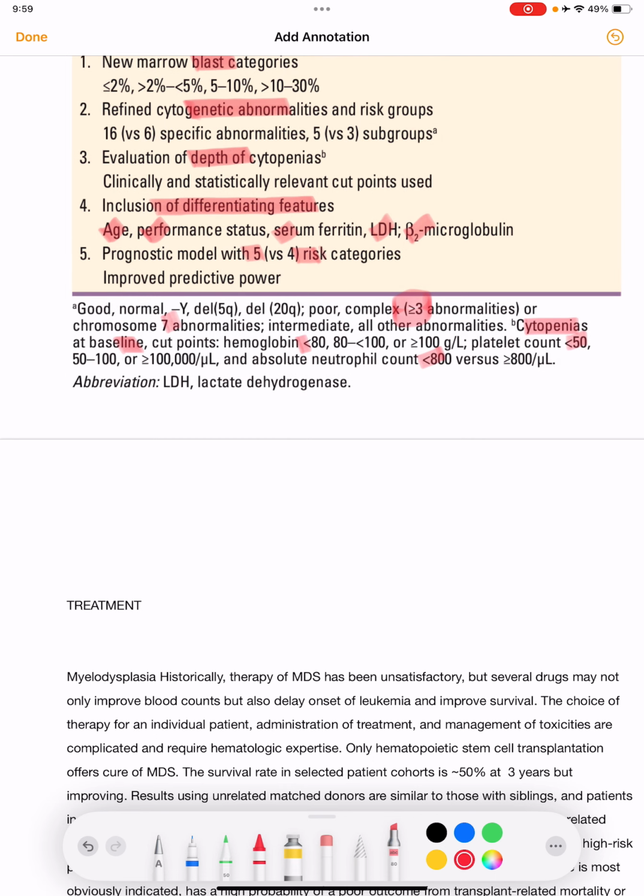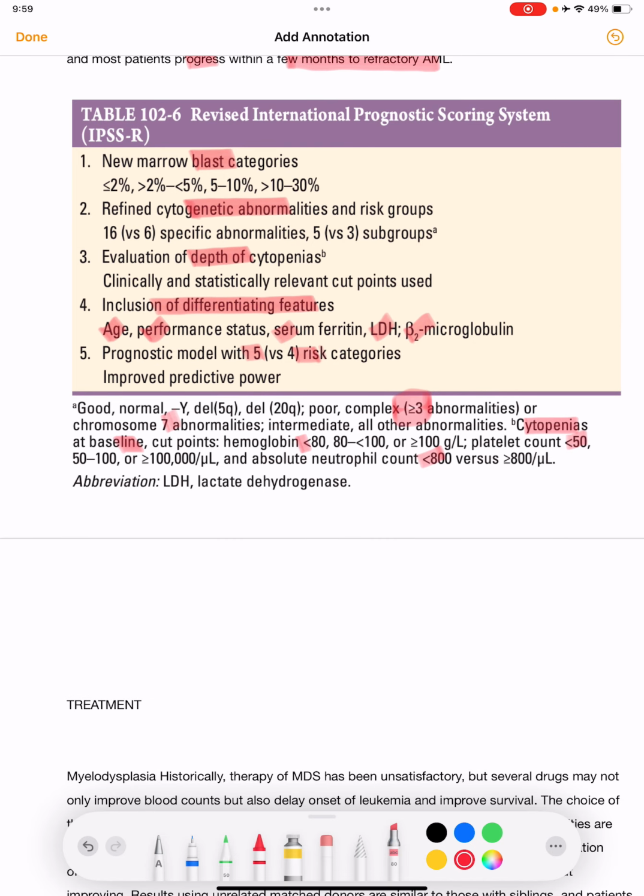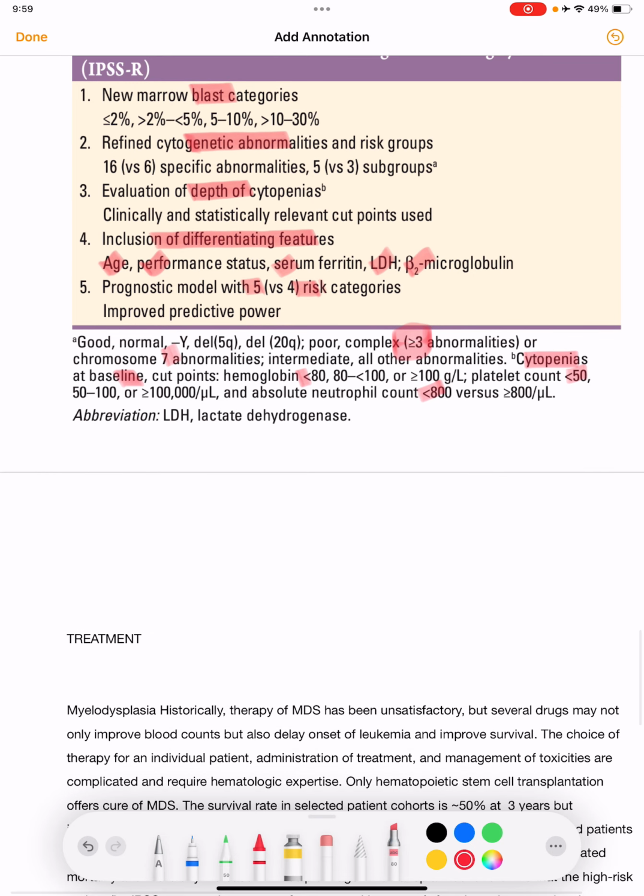This is the revised international prognostic scoring system.